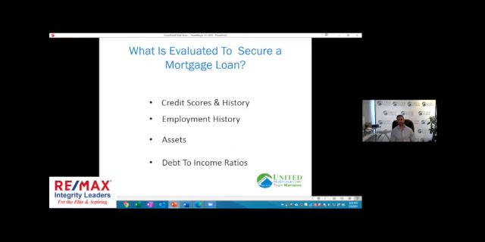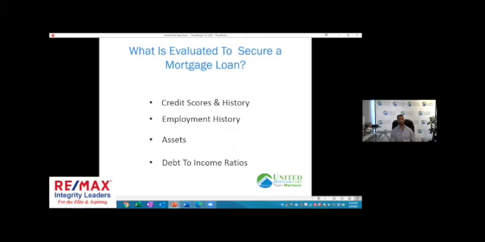Assets, we have programs, which we're going to get into in a second, as little as 3% down. There's actually some as little as 0% down if you qualify. We'll delve into that in the next slide. But we need assets to cover down payment and closing costs, okay? These could come from any which way.